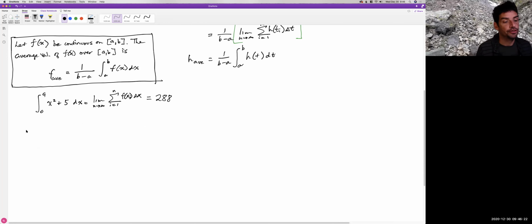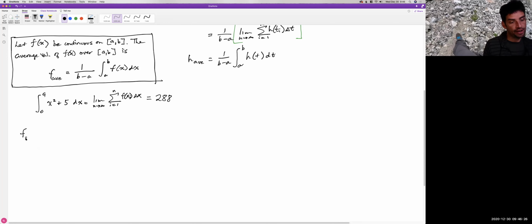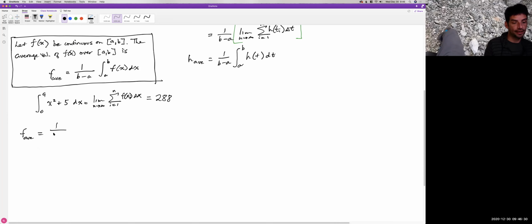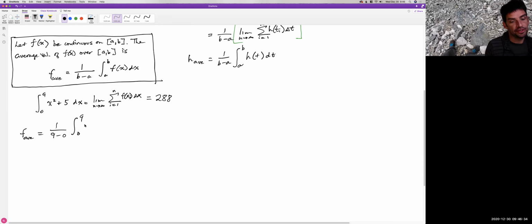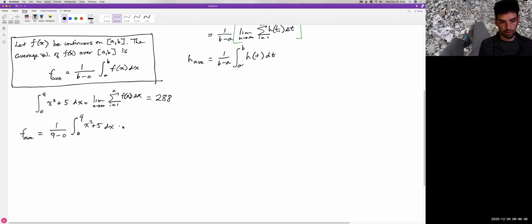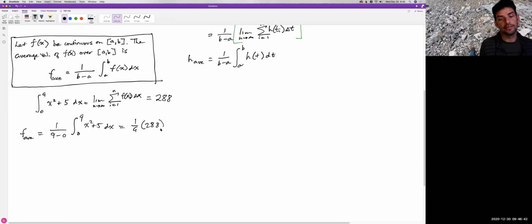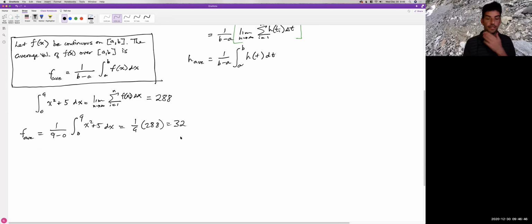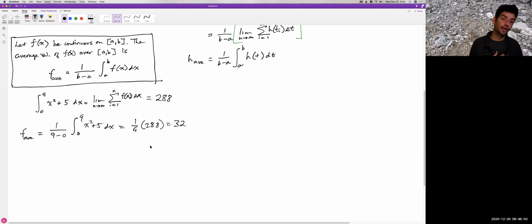If I call this function f of x, then f average is going to be 1 over b minus a, 9 minus 0, times this integral, which is 1/9 times 288, equals 32, right? So simple computation, all right?